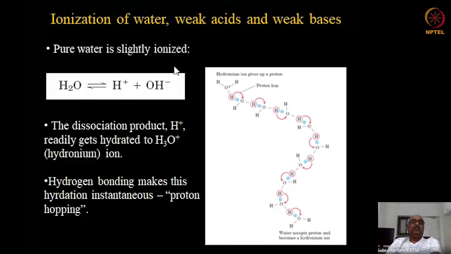So this new property of water that we are going to talk about is its ionization. So in pure water, very few molecules ionize, and that is why we call it slightly ionized. And when they ionize, you have a positively charged proton or hydrogen ion, and then a negatively charged hydroxyl ion.